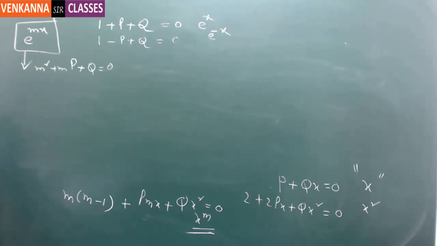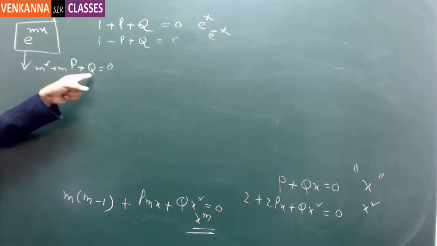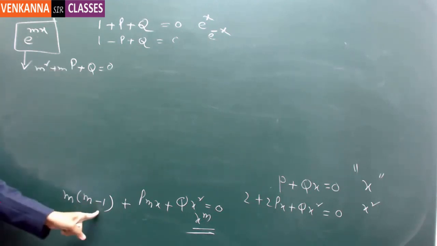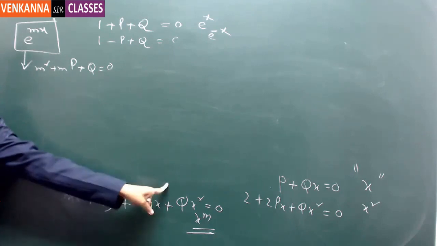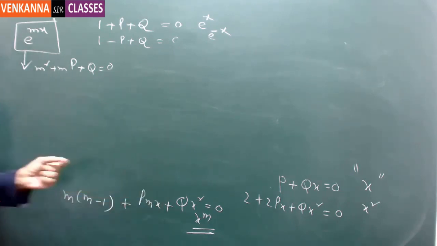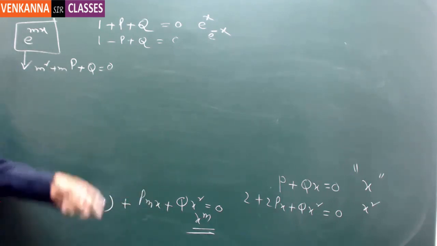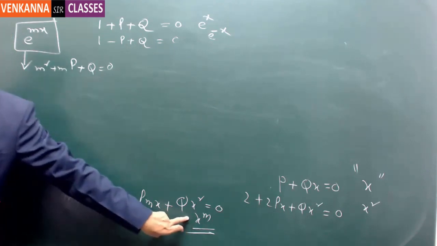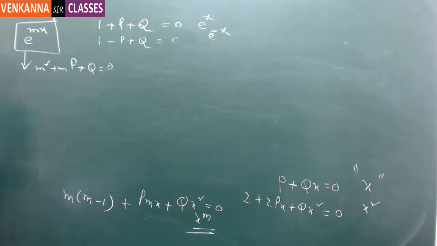You can check in any manner: p plus qx, 2 plus 2px plus qx square, 1 plus p plus q, 1 minus p plus q, m square plus m into p plus q, m into m minus 1 plus p mx plus qx square is 0. So which condition gets satisfied? That corresponding function is a solution of the differential equation. Okay? So please note down these conditions, then I will go with the illustration of a problem.